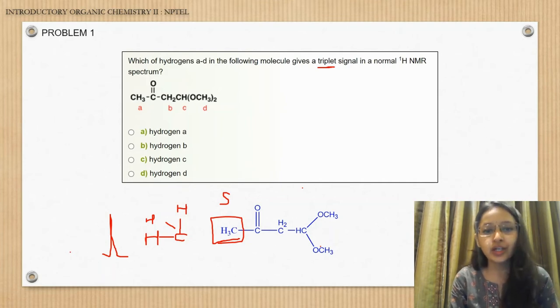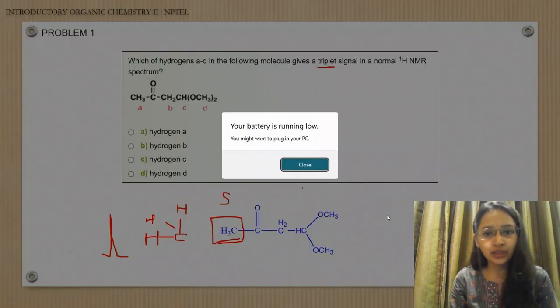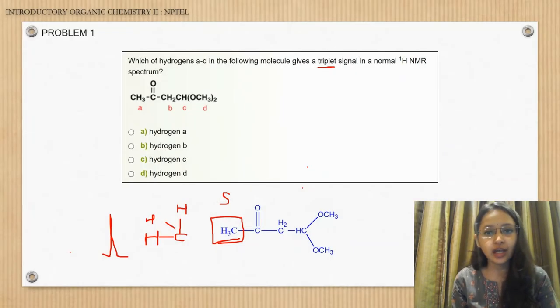First of all, for the multiplicity pattern, we consider a particular formula, the n plus 1 rule. It is actually 2nI plus 1, but we cut it short to the n plus 1 rule because for hydrogens the I value, that is the spin number, is half.